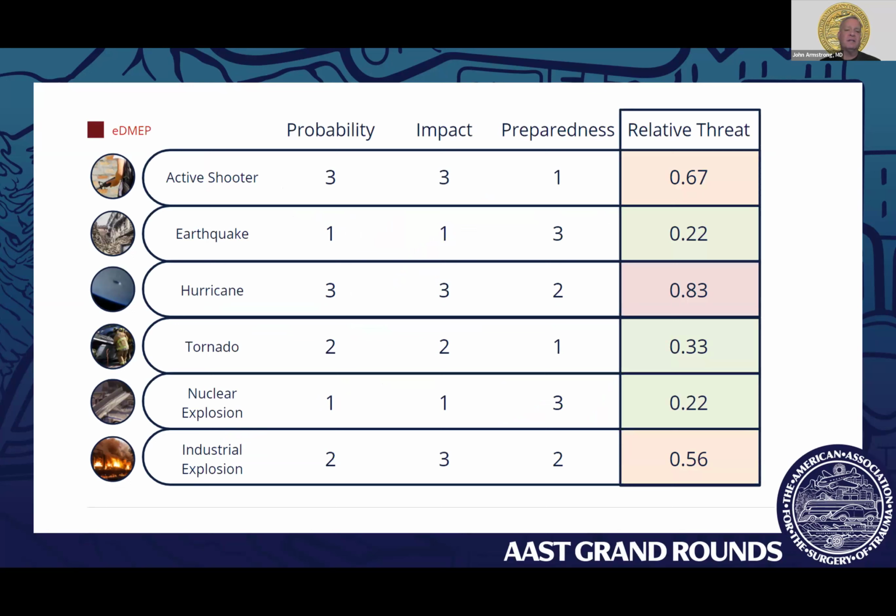So events, the learner assesses these events based on the probability of them occurring, the impact and level of preparedness, and that generates to the right the relative threat, and that can factor into readiness activities. So again, it's the learner who is doing this based on his or her own assessment of local conditions. The hazard vulnerability analysis isn't just something that's talked about.